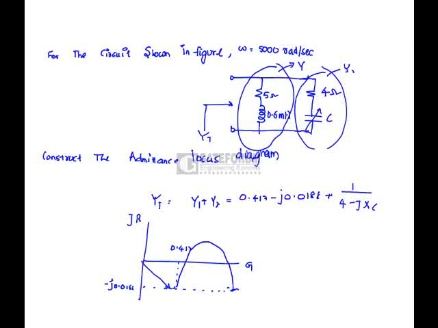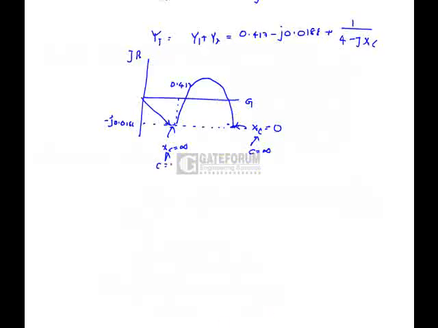Here this point is Xc is 0, this is Xc is infinite. That means Xc is going to be 0 whenever C is infinite. This is C is 0. That is, this is the correct admittance locus diagram for the given network.